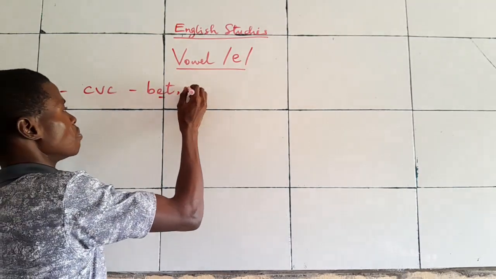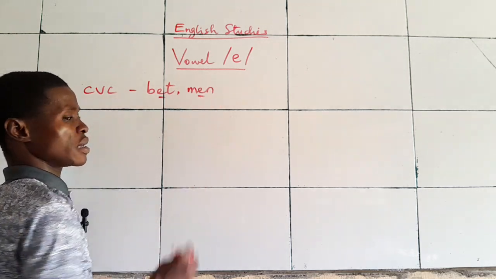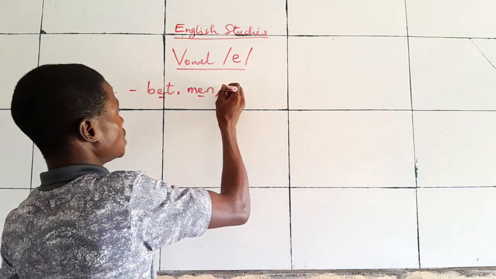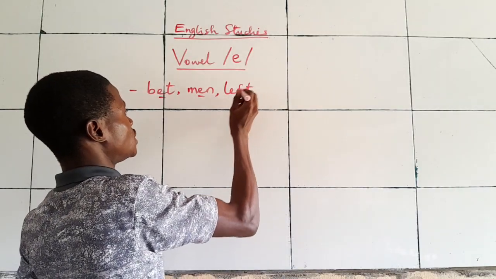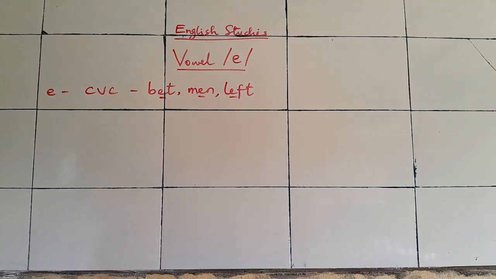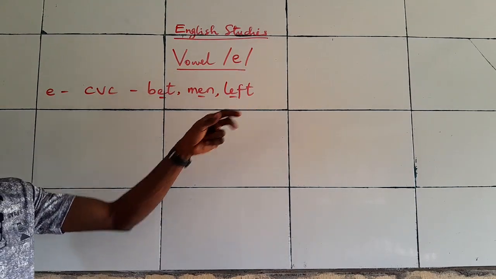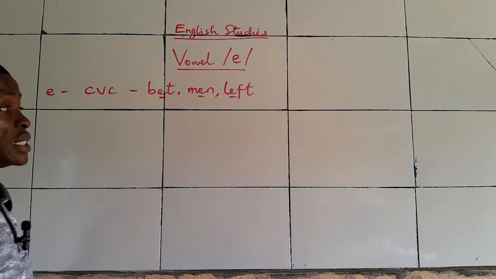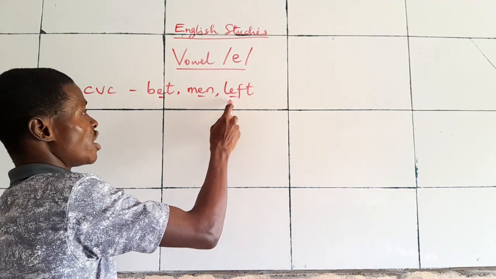Consider MEN, we call it men. Likewise, LEFT, left. You are wondering, I said CVC and this one is 4 letters exactly. It is still CVC. Consonant, vowel, consonant.